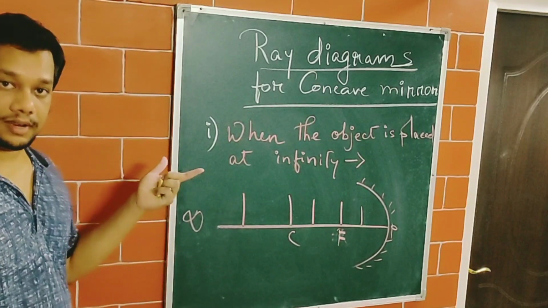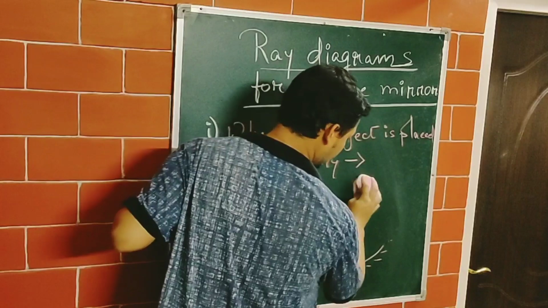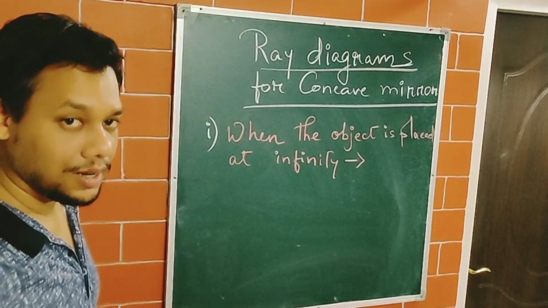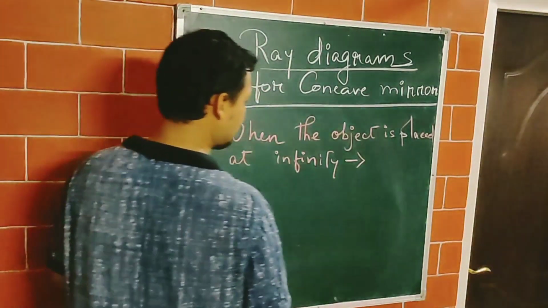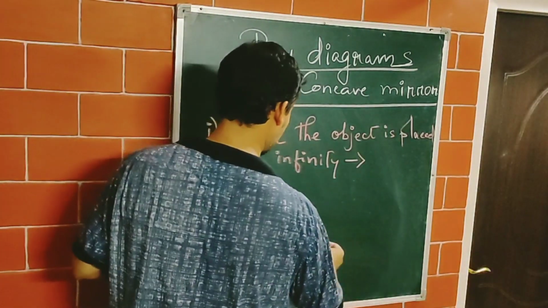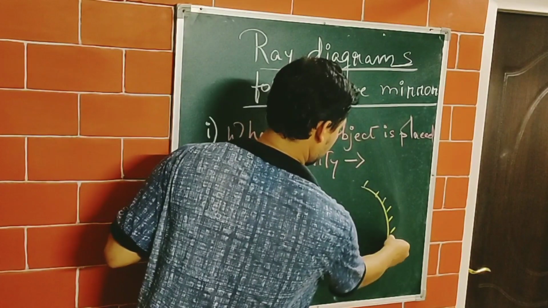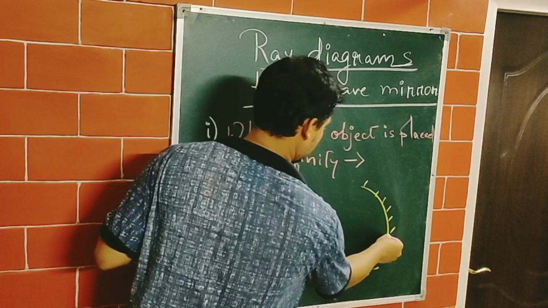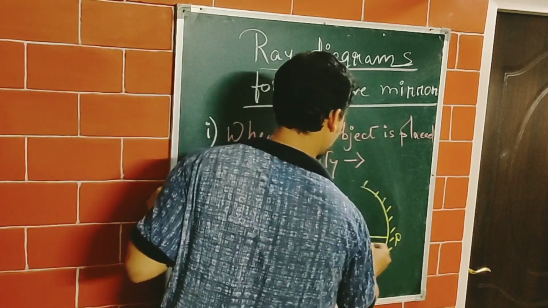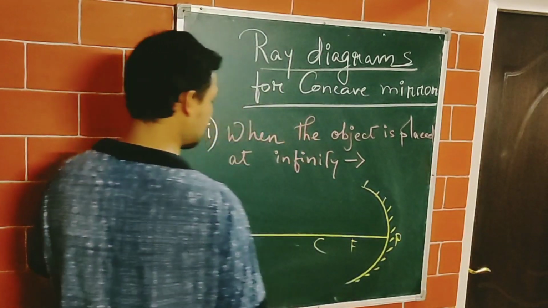First position is infinity. Let us draw the ray diagram applying the rules. From infinity, rays will come parallel. It will not come at some angle, right? This is the pole, this is focus, center of curvature.